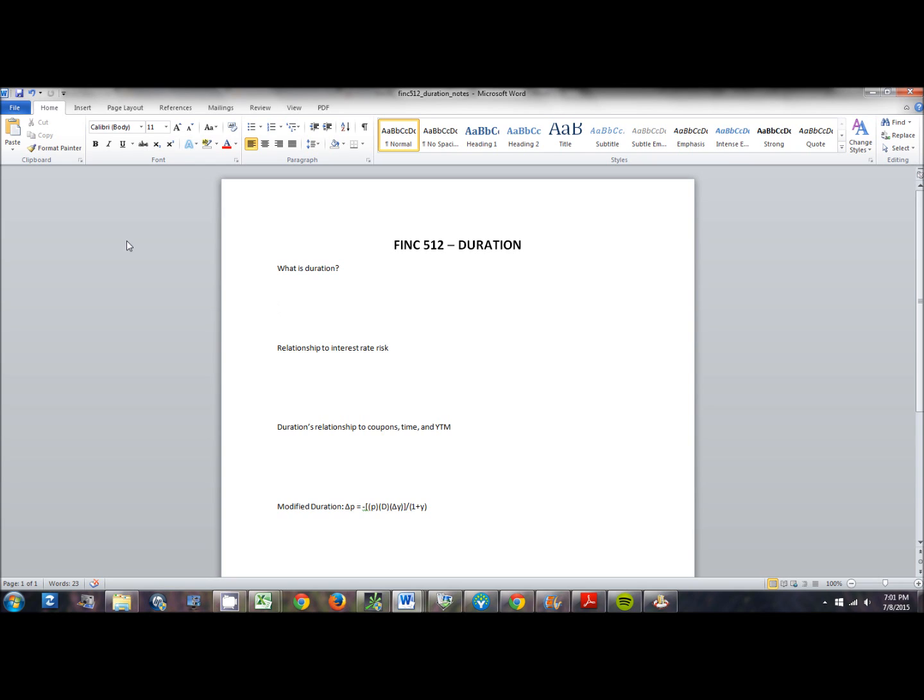And now finally, modified duration. What is modified duration? Well, here's the equation for modified duration. I know this is in Microsoft Word, so I'm going to walk you through this equation because I'm sure it's hard to understand when you're just looking at it. Delta P, in other words the change in the bond's price, is equal to a negative sign, and these first three terms are all in the numerator.